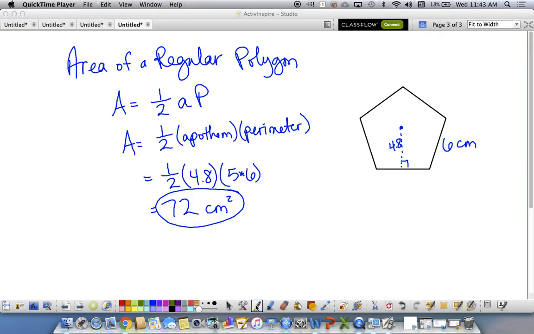Okay, now, what happens if they don't give us the apothem? There's only 2 cases where they might not give us the apothem. Okay, and one will be for a regular hexagon, because a regular hexagon is very special, okay?